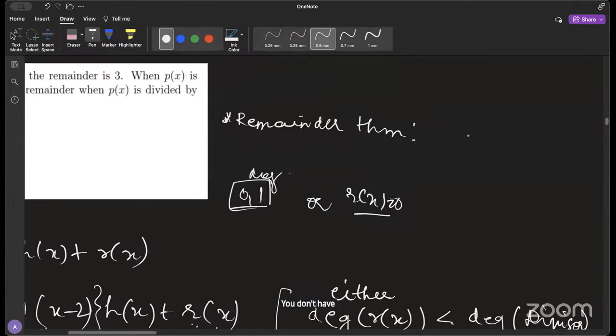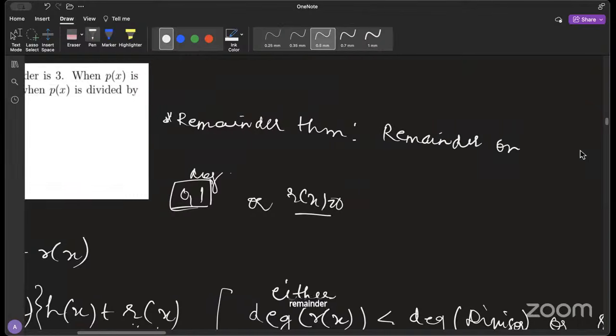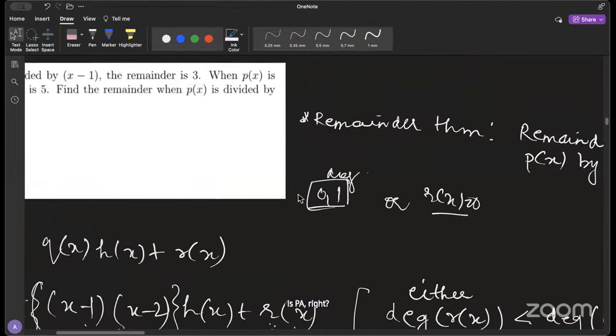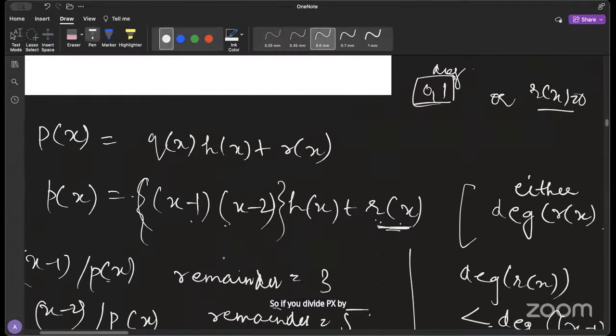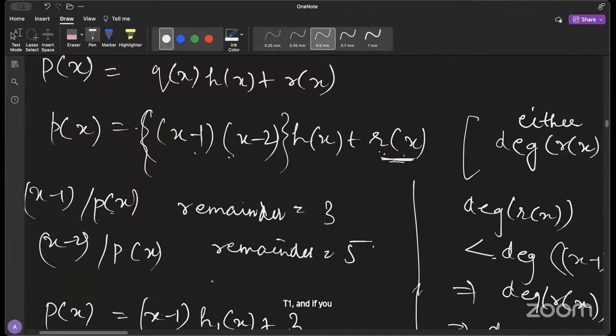You don't have to remember the name, but it says that if you're dividing by x minus a, the remainder on dividing Px by x minus a is Pa. So if you divide Px by x minus 1, the remainder should be P1, and if you divide it by x minus 2, the remainder should be P2.